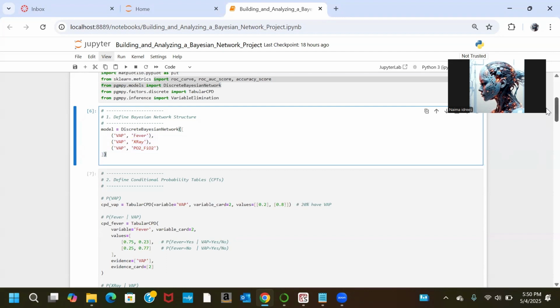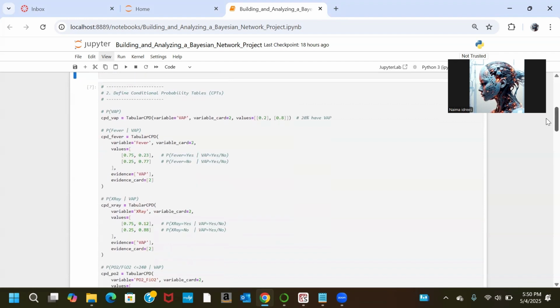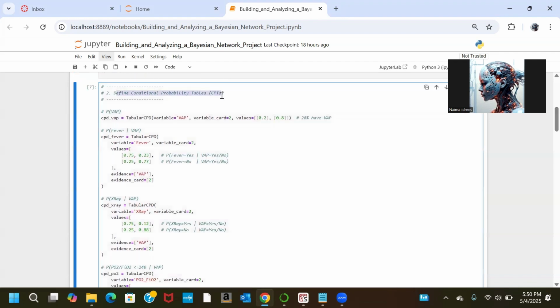These tables are defined in terms of the CPT, the conditional probability table. These tables define the probabilities of each node. Fever, X-ray, and PO2, FiO2 are considered nodes, and VAP will be considered the parent node.